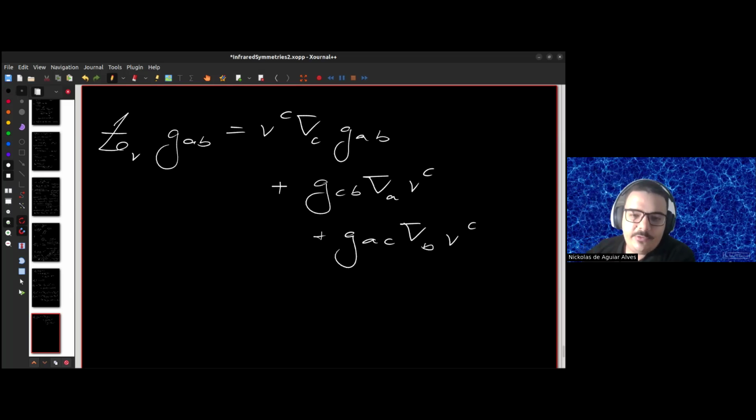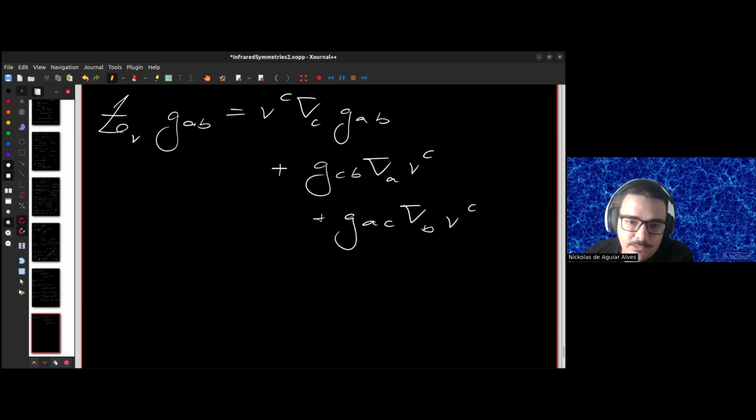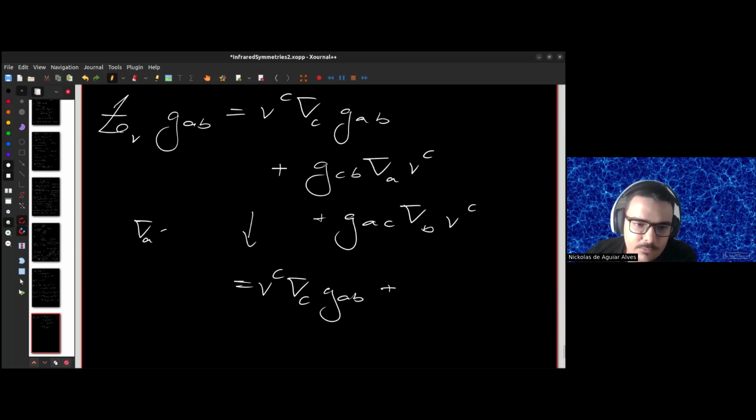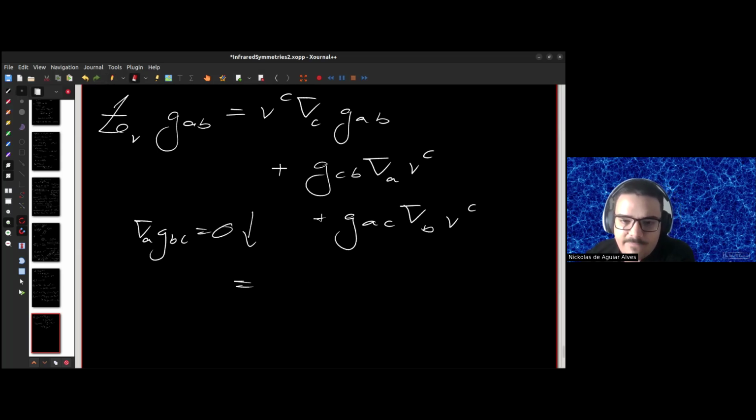Okay, this is the expression when you have a 0-2 tensor field. So this can be rewritten in this way here. If the metric and the derivative operator are compatible, so now if it holds that they are compatible, then this first guy vanishes, and the second guy becomes just this thing here. So we got this expression.